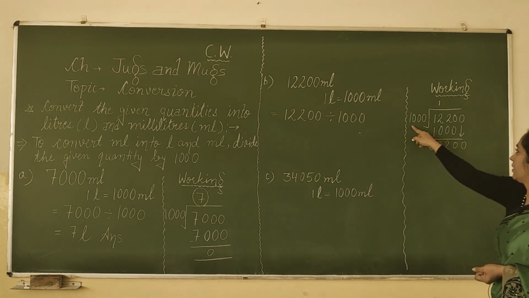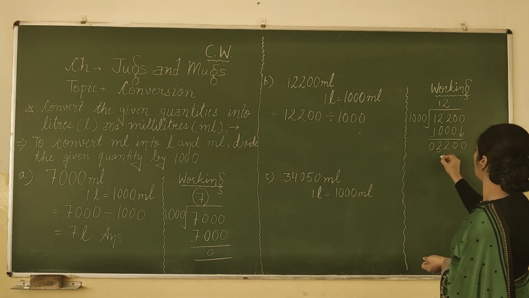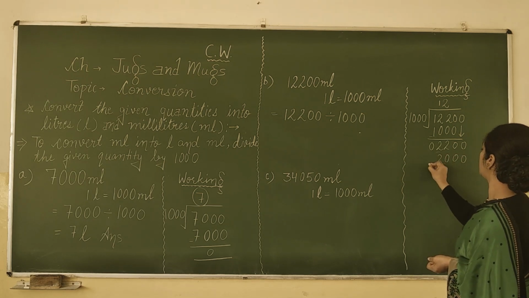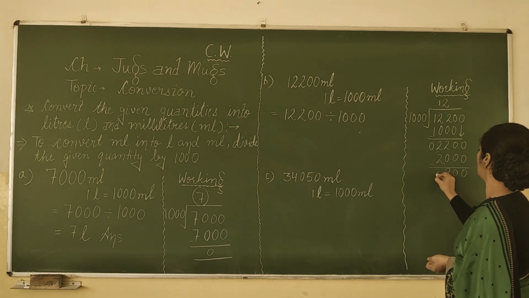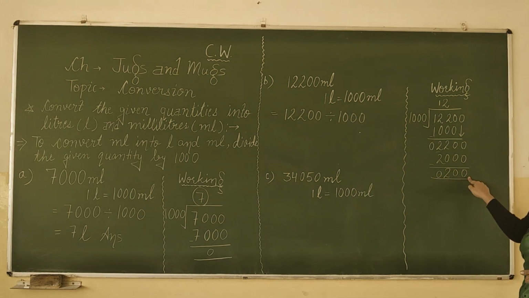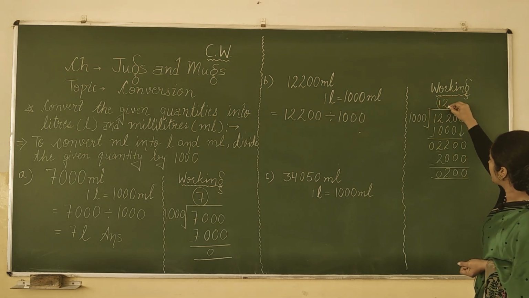Now 1000 twos are 2000. Then we will subtract again: 0, 0, 2, 0. We have nothing to put down, so we will see what is the quotient.